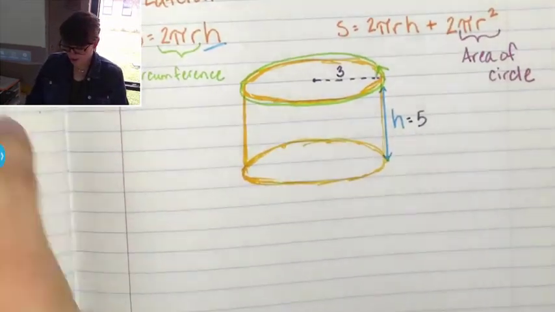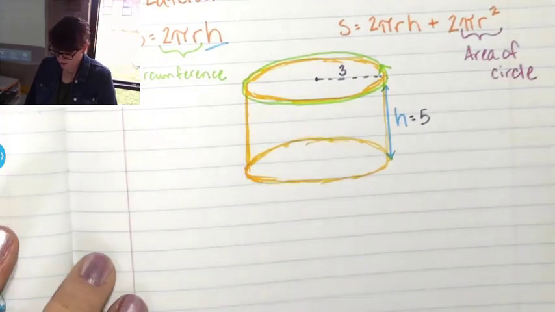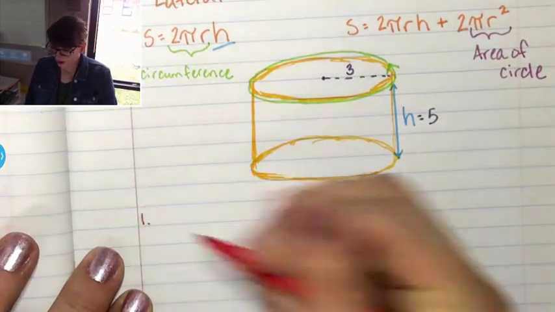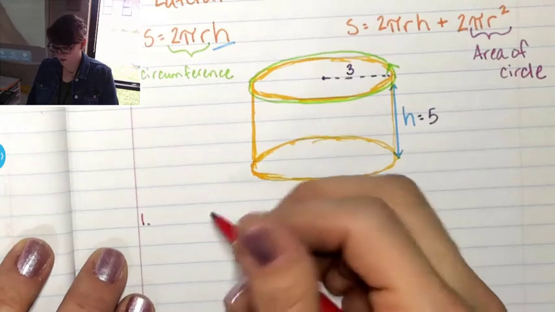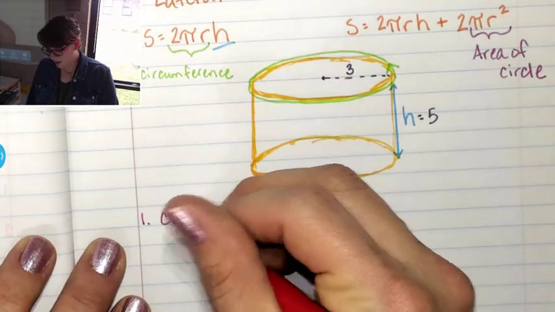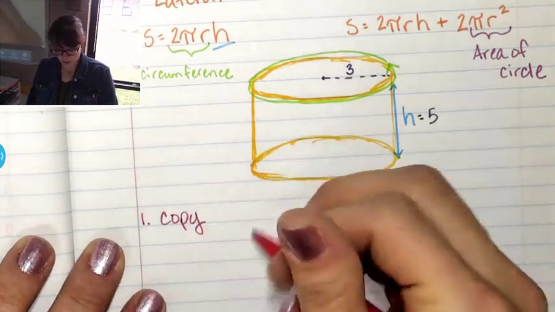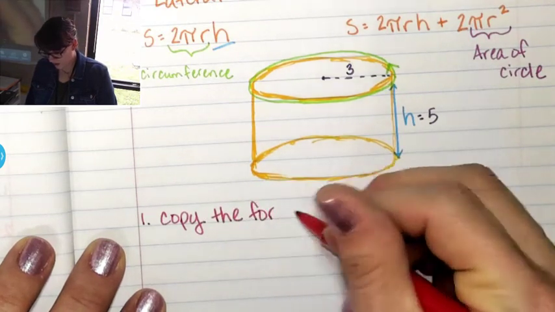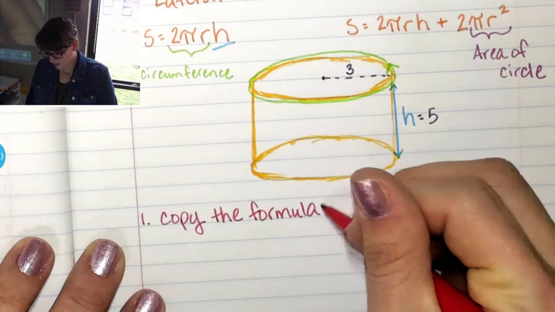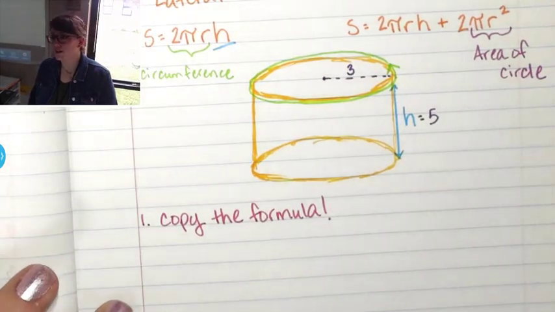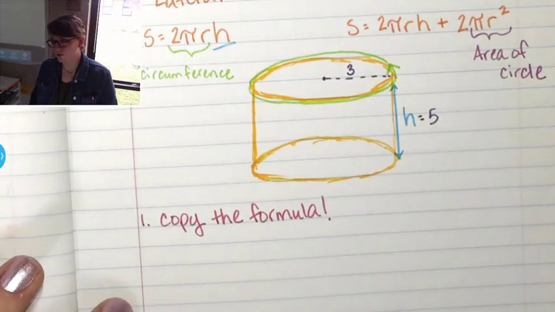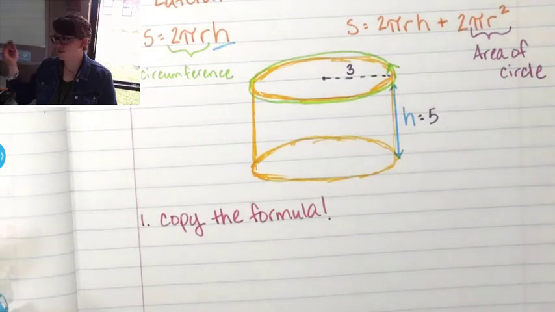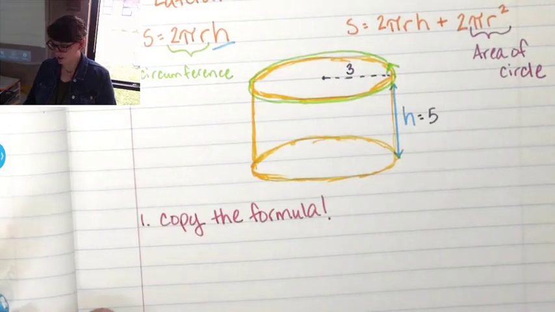So, step 1, copy the formula. And I am very serious. I'm going to start counting questions on your test wrong if you don't copy your formula down. Just because it's a really dumb way to miss a question because you don't do the formula. Especially for this, because there's really no other way to do it.